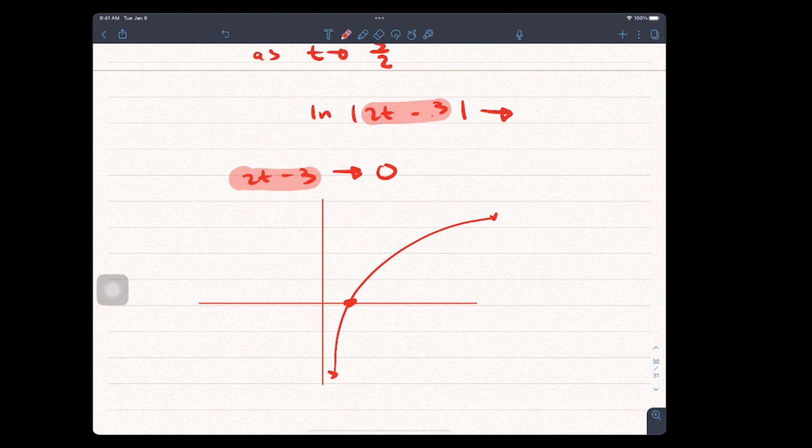Curves every B student should know. The inside's going to 0. It's not equal to 0, but it's going to 0.